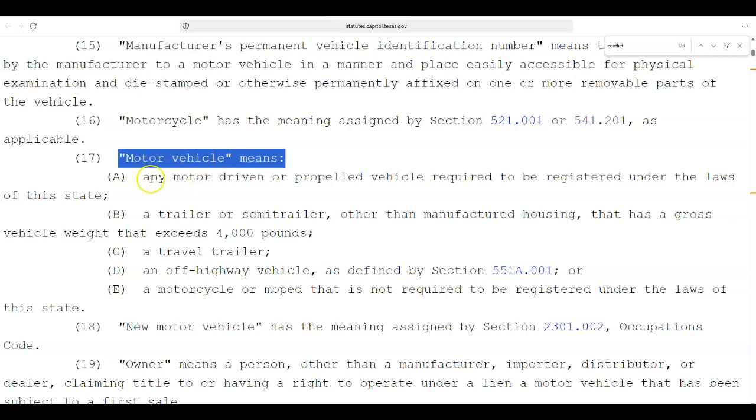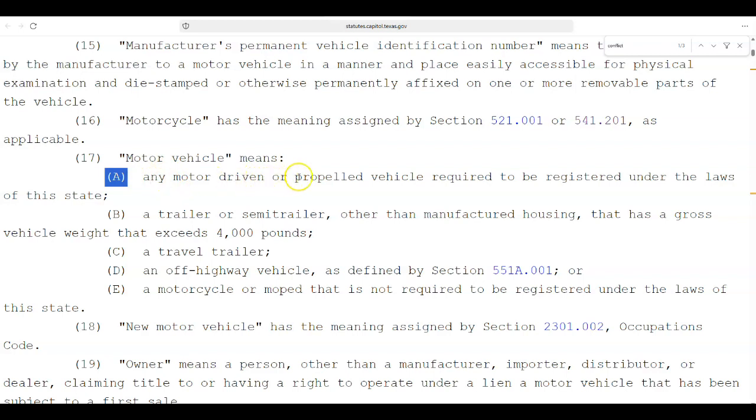A motor vehicle means A, any motor-driven or propelled vehicle required to be registered under the laws of this state. B, a trailer or semi-trailer other than manufactured housing that has a gross vehicle weight that exceeds 4,000 pounds, okay? But A is what we're going to concentrate on.